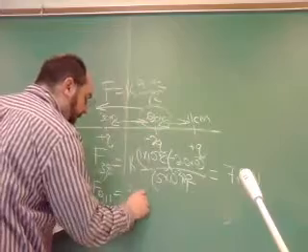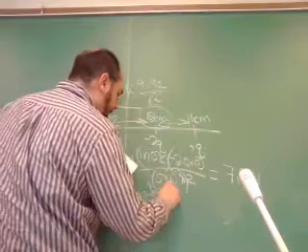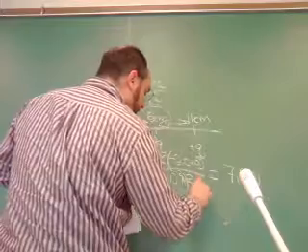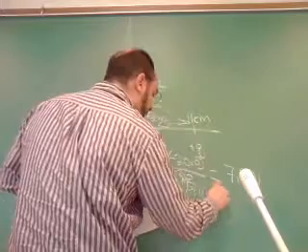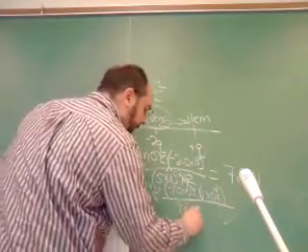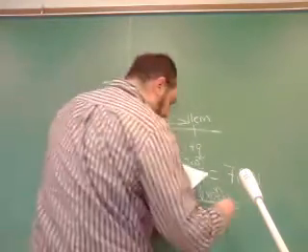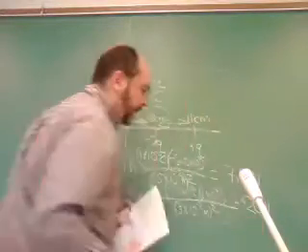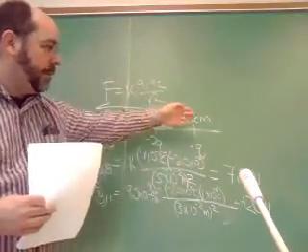So 9 times 10 to the 9th newton meter squared per coulomb squared times negative 2 times 10 to the negative 6 coulombs times positive 1 times 10 to the negative 6 coulombs. Now they're only separated by 3 centimeters, 3 times 10 to the negative 2nd meters, squared. I run those numbers and I get positive 20 newtons. Again, this charge is attracted to this one, so it's in the positive x-axis.